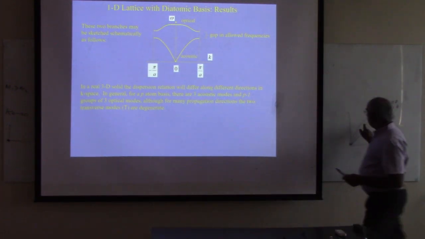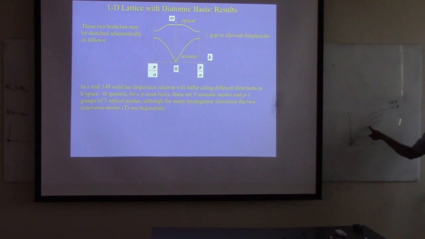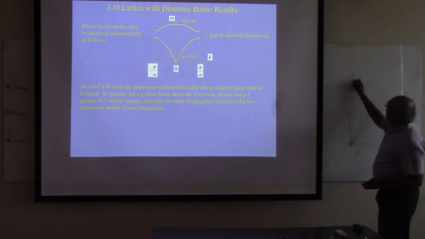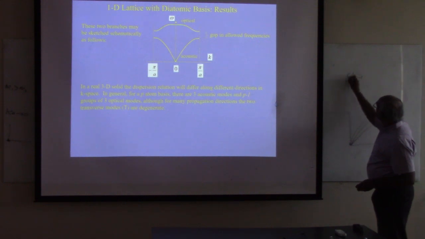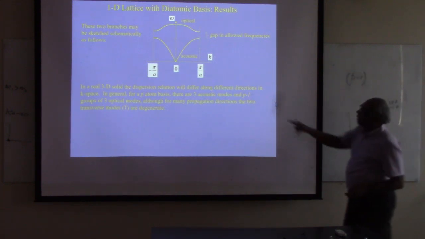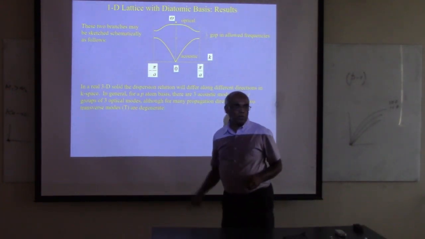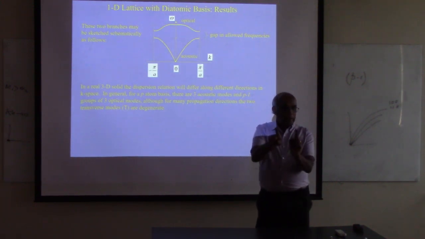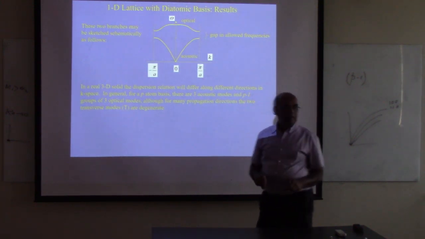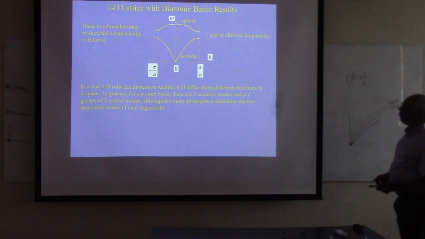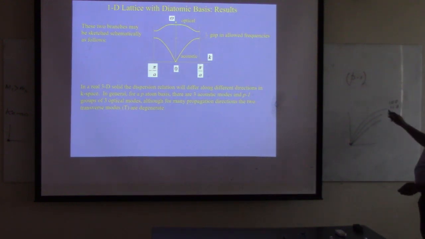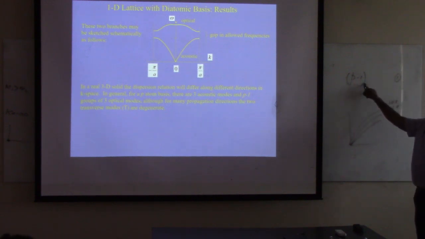So in this case, did we see any optical mode? No, right? But if you have more than 1 atom in the basis, typically we are talking about p minus 1 groups of optical modes. Group means you can still have transverse and longitudinal. So if you have 1 atom, that means you have 0 optical modes, right?